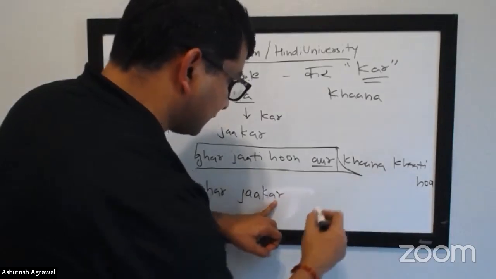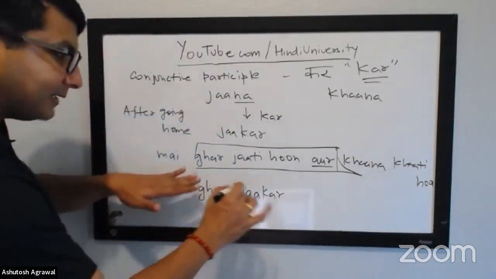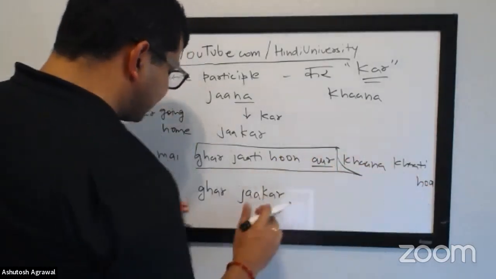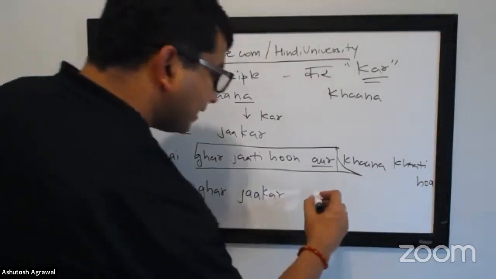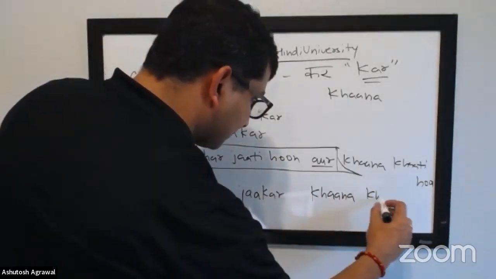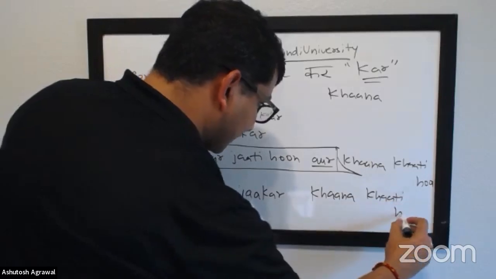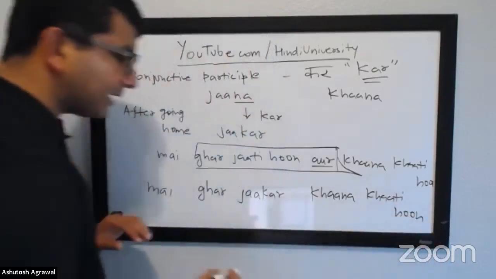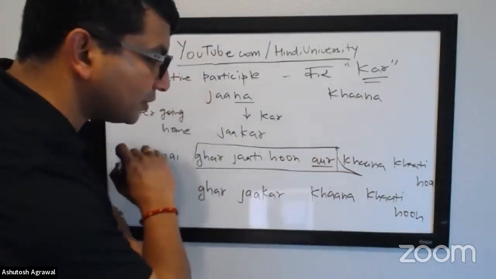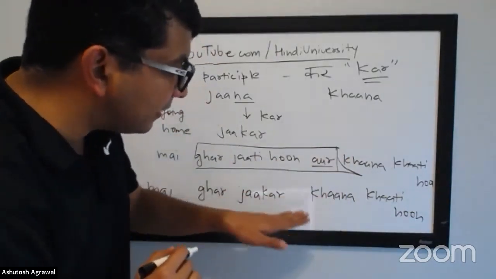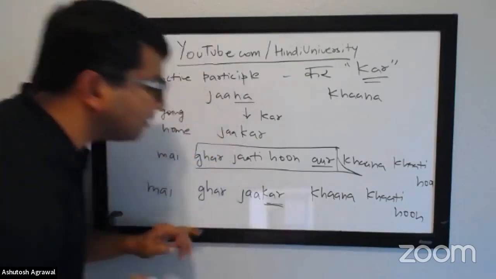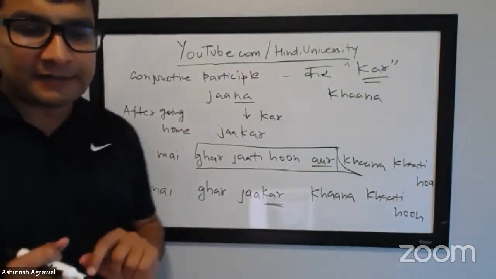You use the second sentence as it is, मैं घर जाकर और खाना खाकर हूँ. So one correction there, you don't use the और again because it's not required. And then you use the conjunctive participle only on the first sentence.